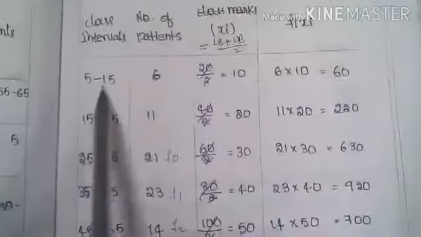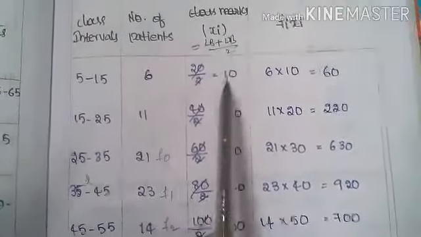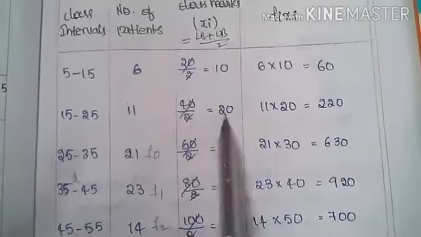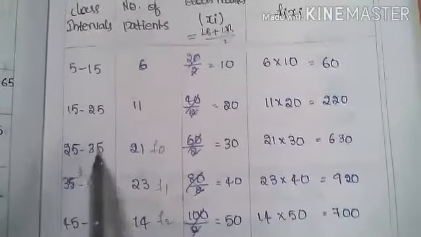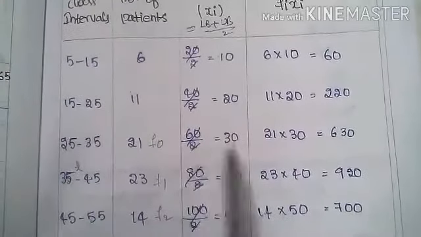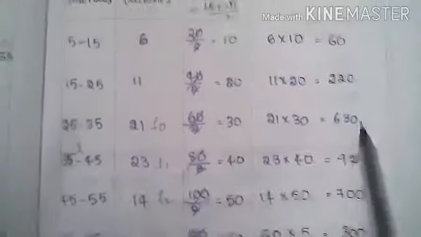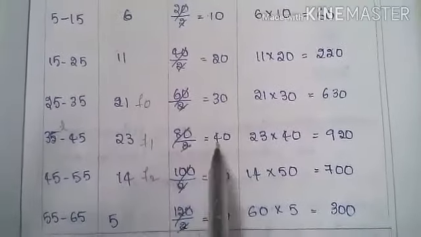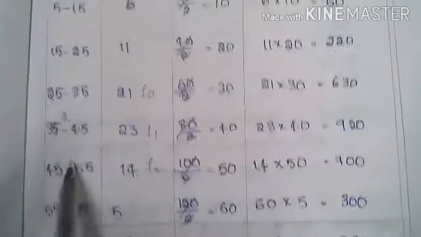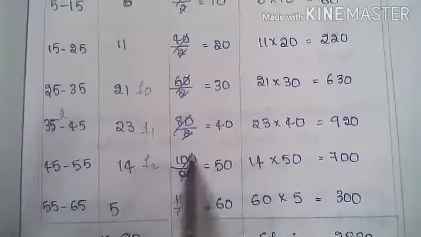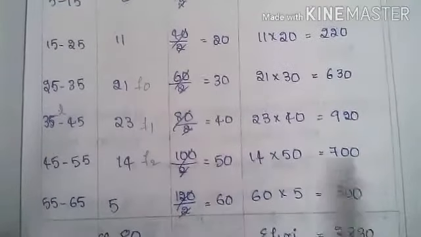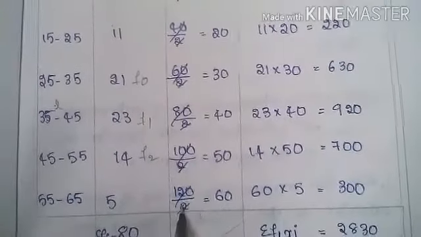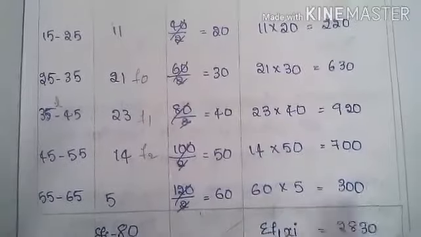So 5 plus 15, 20, 20 by 2, 10, 10 into 6, 60. 15 plus 25, 40, 40 by 2, 20, 20 into 11, 220. 25 plus 35, 60, 60 by 2, 30, 30 into 21, 630. 35 plus 45, 80, 80 by 2, 40, 40 into 23, 920. 45 plus 55, we get 100, 100 by 2, 50, 50 into 14, 700. 55 plus 65, we get 120, 120 by 2 is equal to 60, 60 into 5, 300.